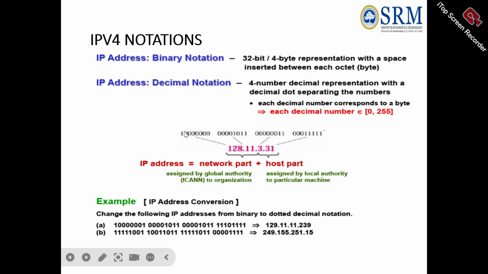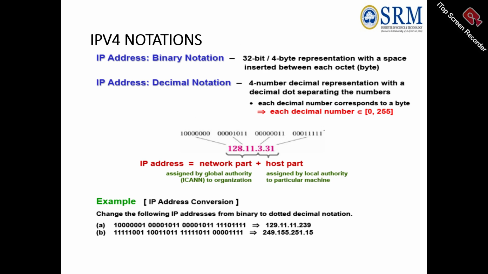We add all the numbers and get 255. So if all 8 bits are 1, the decimal value is 255. Similarly, we can calculate the remaining octets. Already I explained this in the first slide itself.